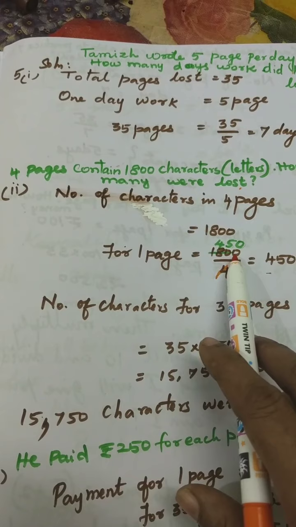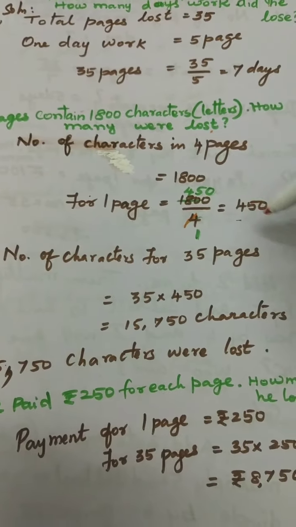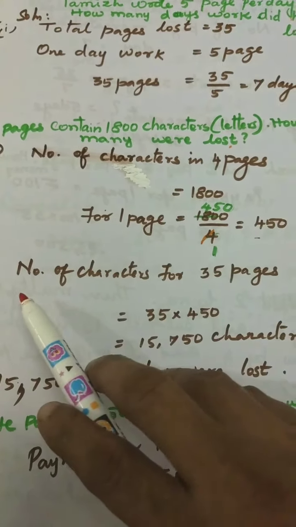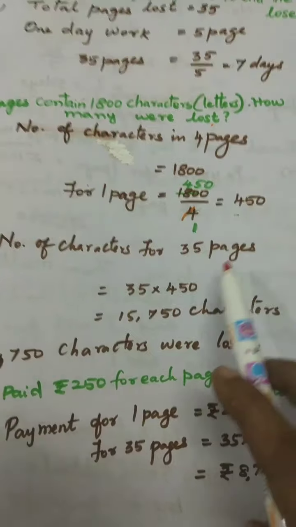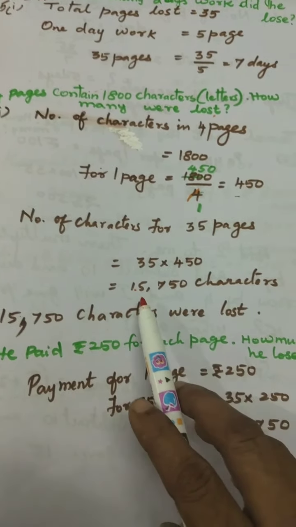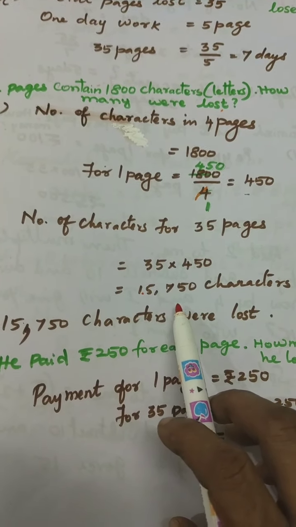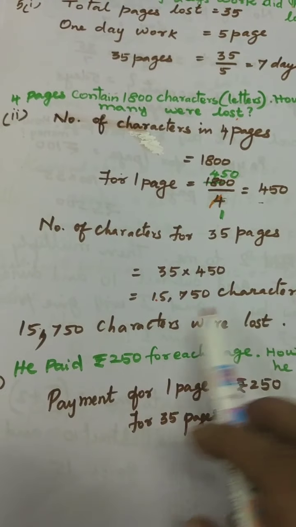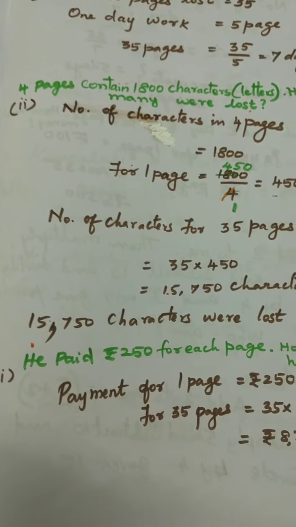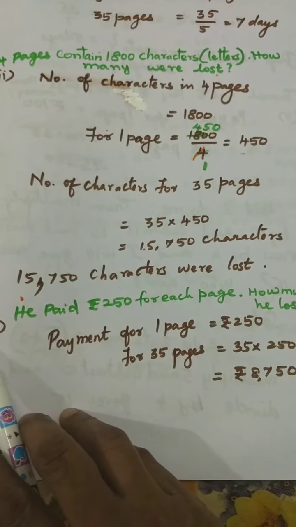Then again 0 is remaining. So 1 page has 450 characters. For 35 pages, how many characters are there? 35 into 450 is equal to, you multiply both and say 15,750 characters. So he lost 15,750 characters. Okay.